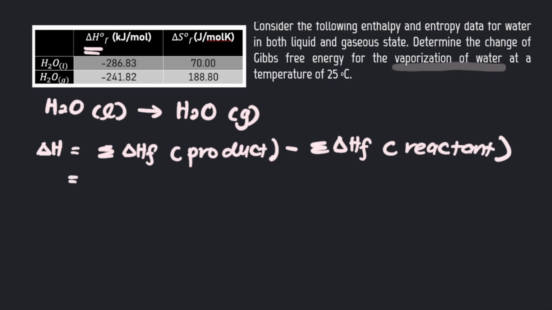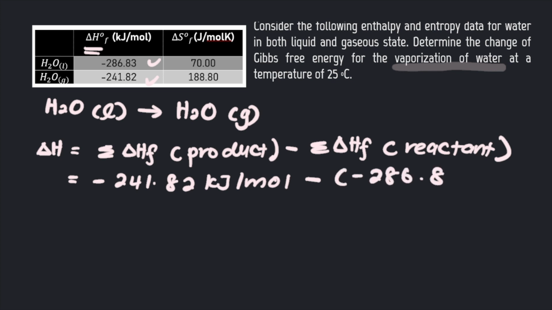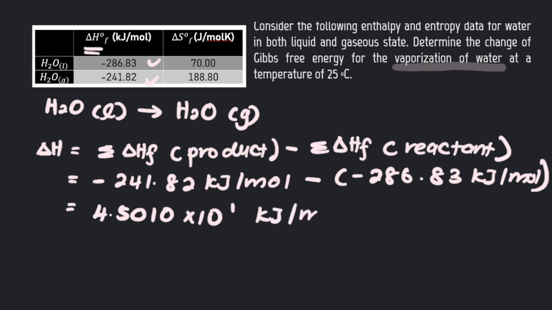Okay, so your product is in gaseous form, which is this one, so negative 241.82 kilojoule per mole minus the reactant, negative 286.83 kilojoule per mole. So from here you will get your answer will be 4.5010 times 10 to the power of 1 kilojoule per mole. Right. So this is the first step.